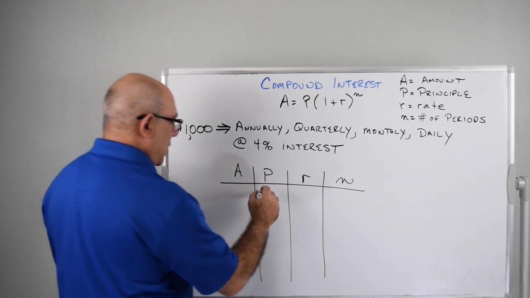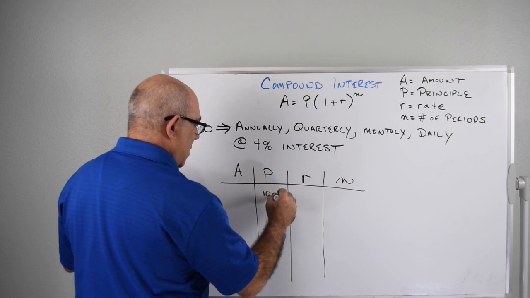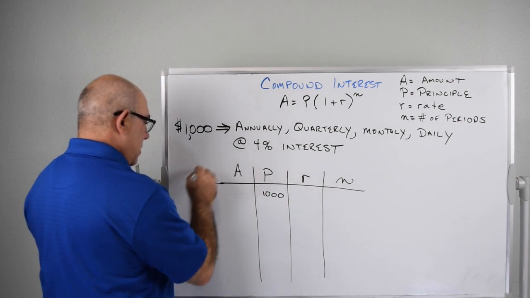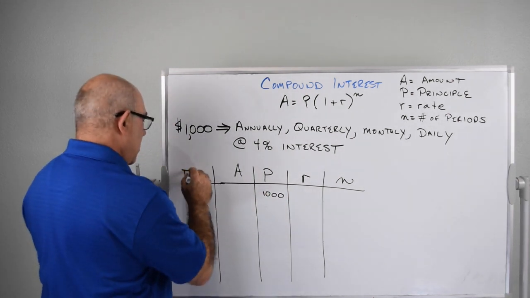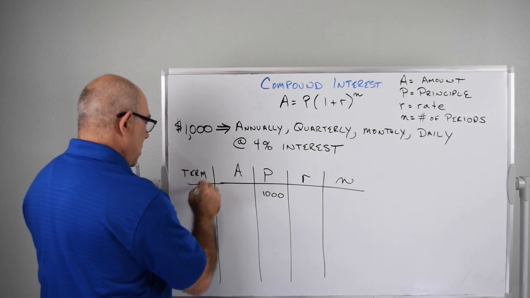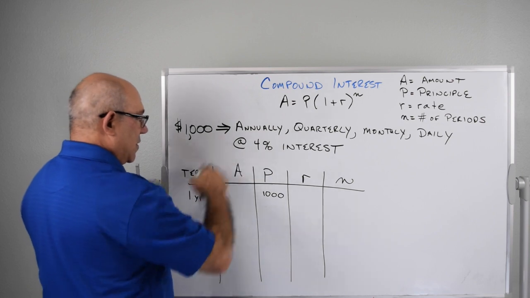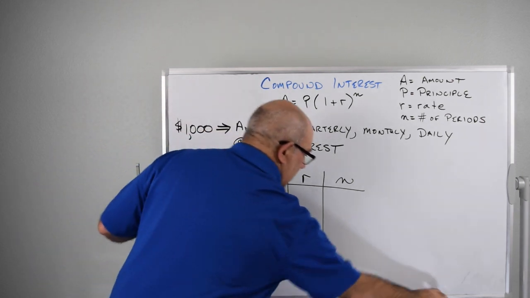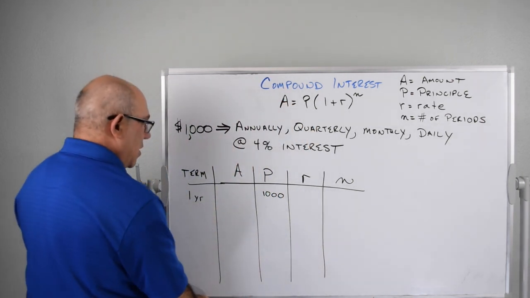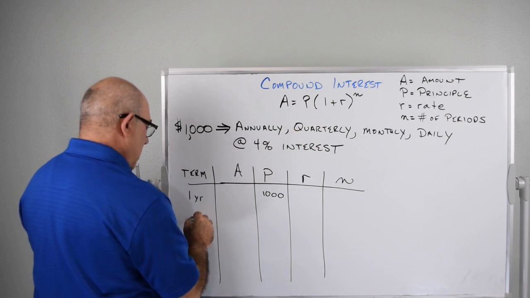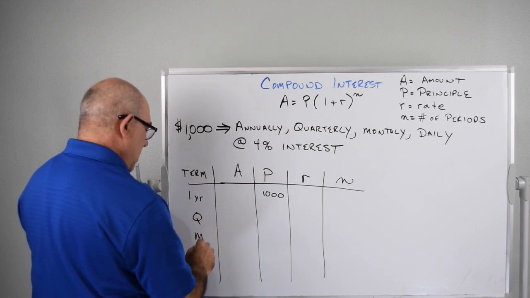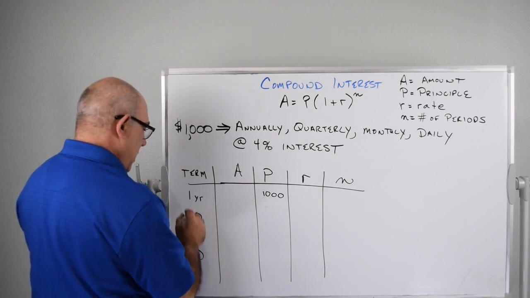The principal we're going to use for each one is 1,000. And we're going to put the term here. So this one's going to be 1 year. They're all going to be 1 year. These will be the cases. This is annual, then we have quarterly, then monthly, and then daily, okay?